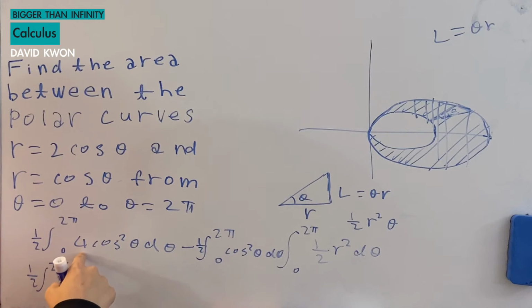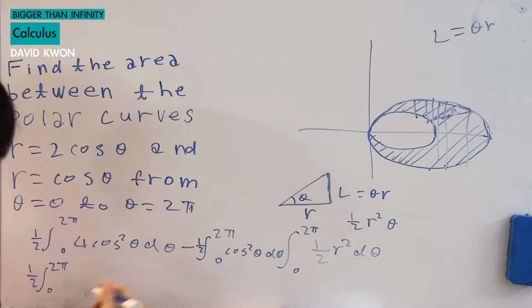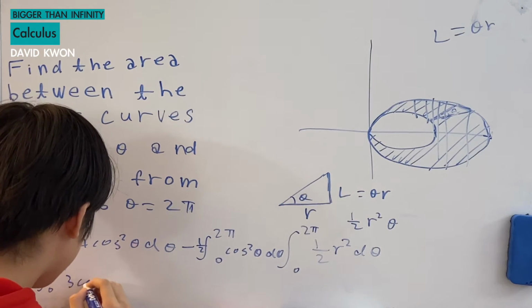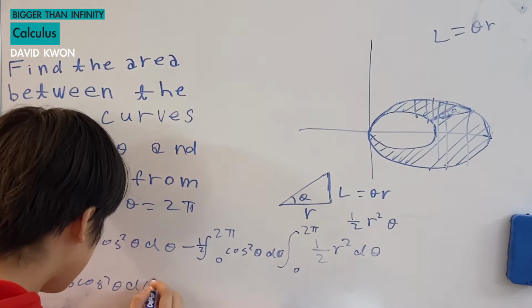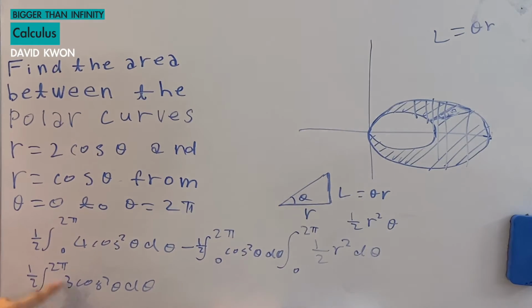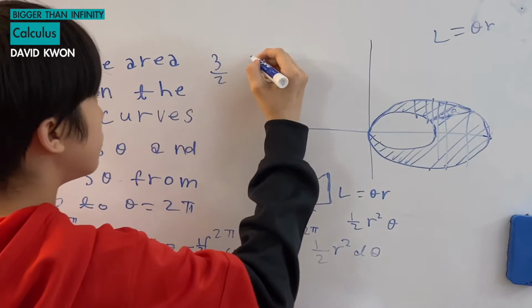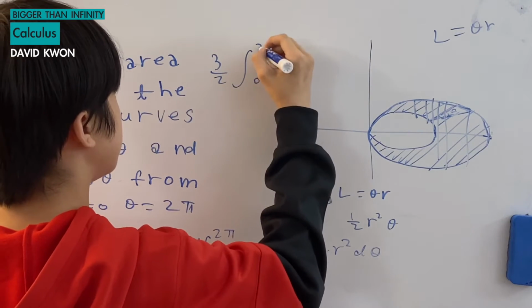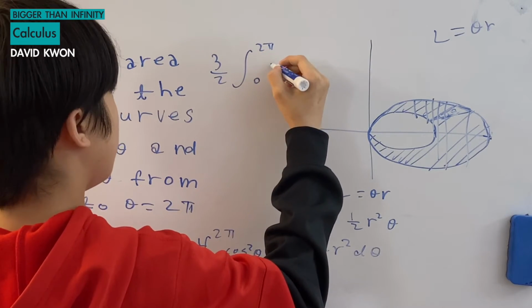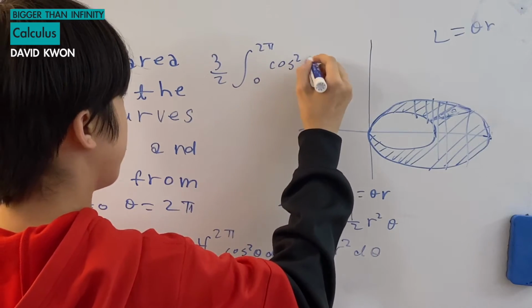But 4 cosine squared theta minus cosine squared theta gives 3 cosine squared theta d theta, and the 3 comes out front, so we have 3 over 2 times the integral from 0 to 2 pi of cosine squared theta d theta.